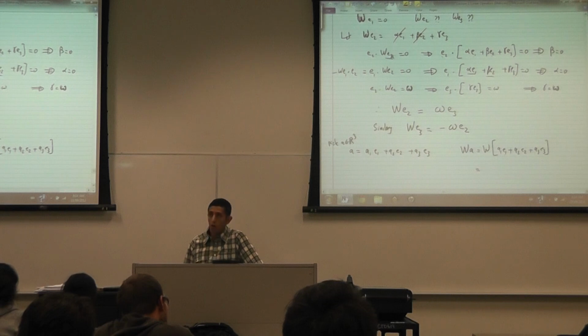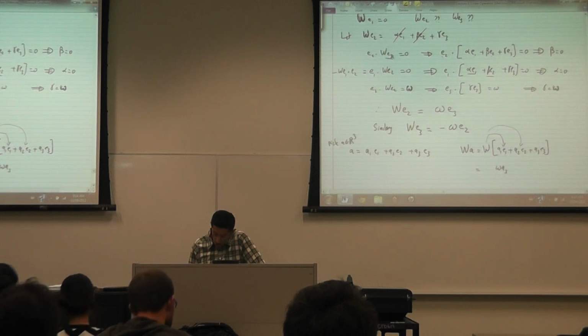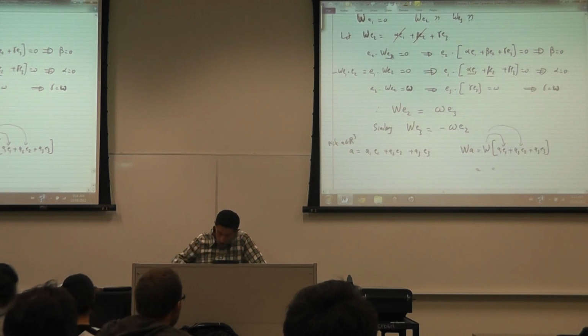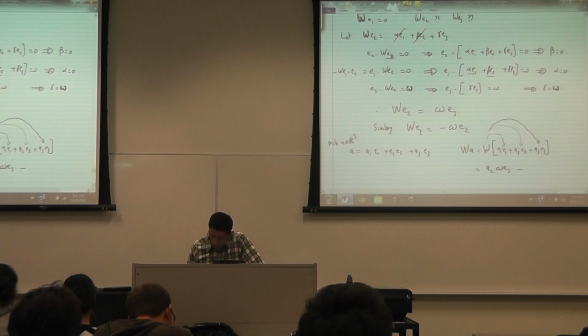The component in the direction of E1, W does not do any rotation to that. So WE1 is 0. WE2 is equal to omega E3, multiplied by A2, minus, when I multiply W by E3, WE3 is equal to negative omega E2 multiplied by A3.